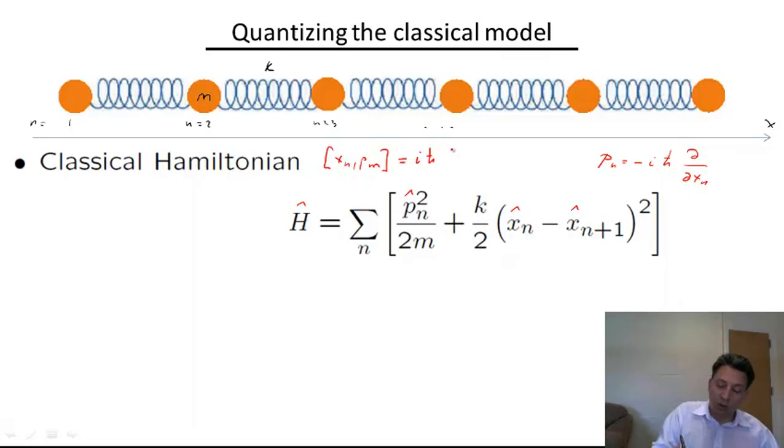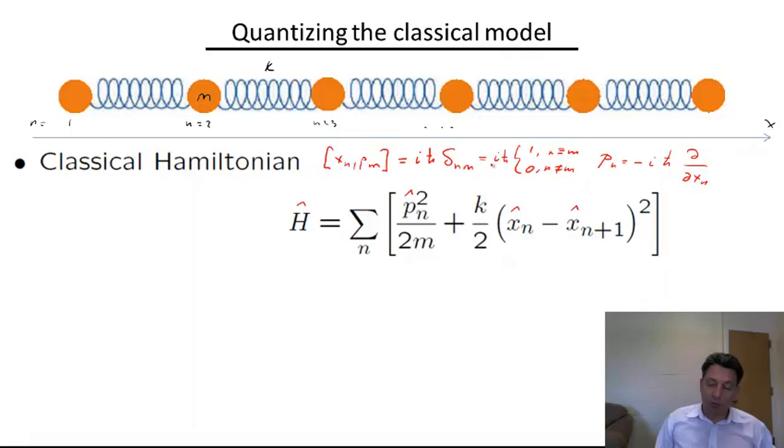We can unify these commutation relations by writing a delta symbol here, which means it's equal to i h bar if n equals m and 0 otherwise. So this is what it means to quantize this Hamiltonian.